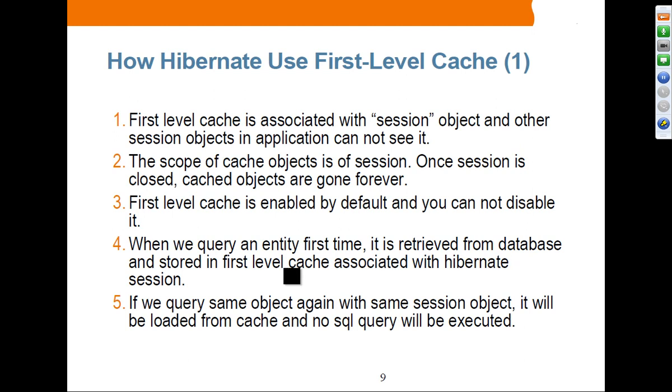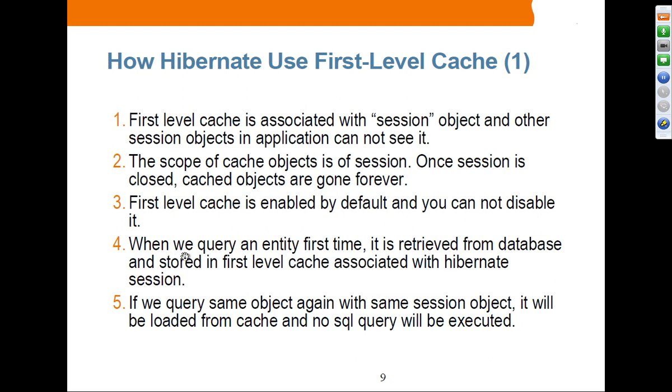So let's see how first level cache works. First level cache is associated with a session object, and other session objects in the application cannot see it. So each session object will have its own first level cache. The scope of the cache is the session, so once a session is closed, the cached objects are gone forever. First level cache is enabled by default, and you cannot disable it.